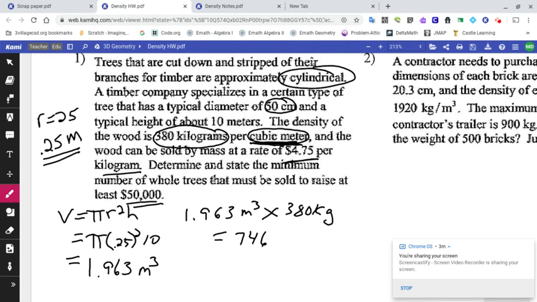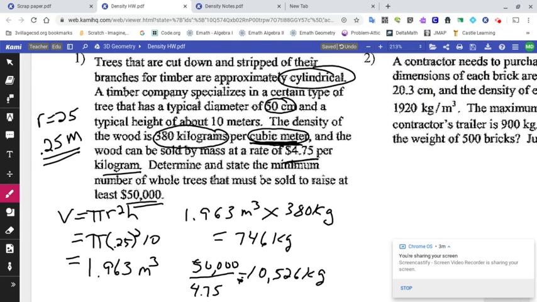So that's going to tell me how many kilograms do I need to raise $50,000. So I'm going to take 50,000. I'm going to divide it by 4.75, and that's going to tell me that I need 10,526 kilograms in order to raise $50,000.